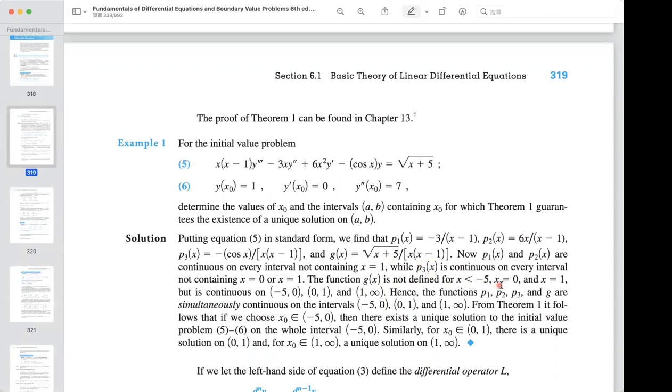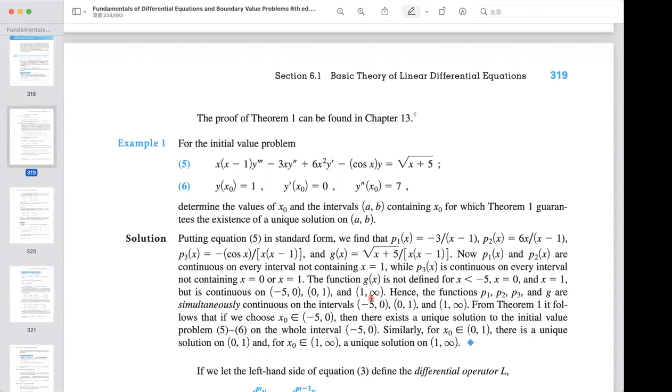Also it cannot be defined at x equal to 0 and x equal to 1 because it will make the denominator in g(x) equal to 0. So it seems g(x) is the dominant one. So g(x) is only continuous on minus 5 to 0, 0 to 1, or 1 to infinity.